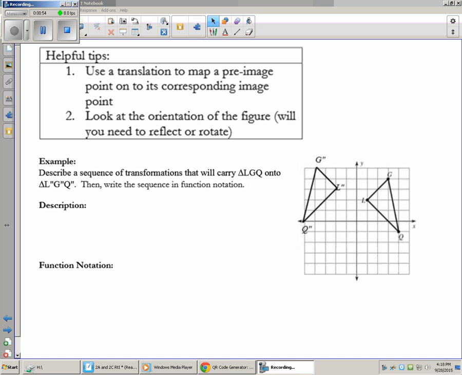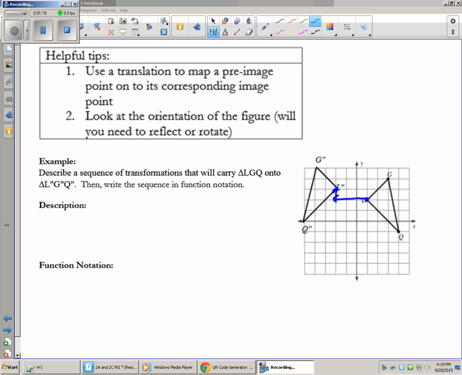So using the first tip, I'm going to move vertex L so that it is on top of vertex L double prime. To do that, I would shift to the left 3 units and up 1 unit. That's also going to move every point that same distance.